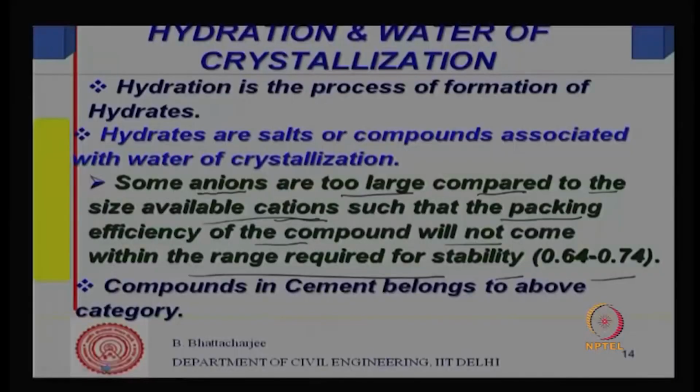Packing density, which we will talk about later, is the volume of solids divided by the total volume. The cations and anions must pack so that they occupy 64 to 74% of the volume for a stable structure. When cations are small and anions are large, the space between the anions is not completely filled by the cation, therefore the packing density is not stable.